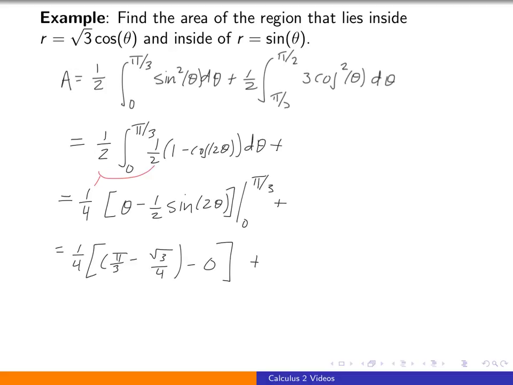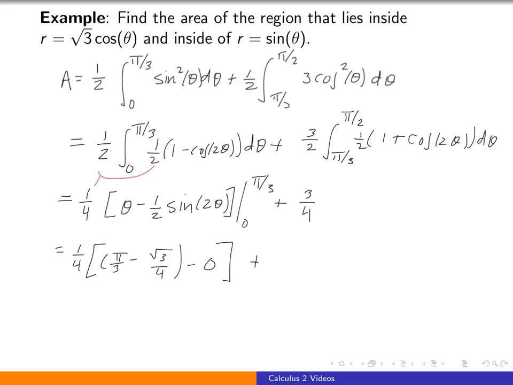Pulling the 3 out front, we have 3/2, and we're integrating from pi over 3 to pi over 2 of cosine squared. In terms of its half angle formula, that would be 1 plus cosine of 2 theta, and we need a 1/2. Pulling the 1/2 out front, 3/2 times 1/2 is 3/4.